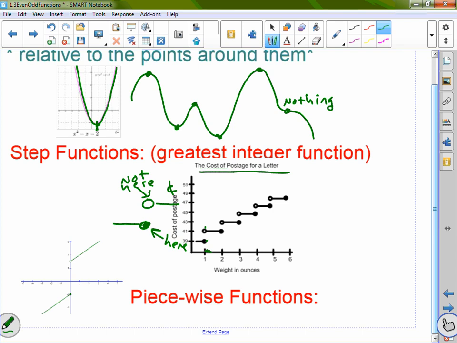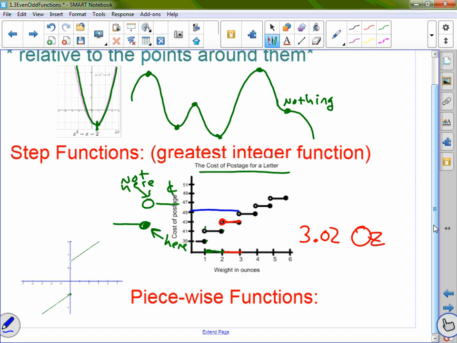But as soon as we cross over 1 ounce, it jumps up to 41 cents. So from 1 to 2 ounces, it's 41 cents. We hit 2 ounces, still 41 cents. And then as soon as we cross over 2 ounces, boom. All the way from 2 to 3, it's 43 cents. And at 3, it's still 43, but if I had a package that weighed 3.02 ounces, OZ is for ounces, that would cost me 45 cents.